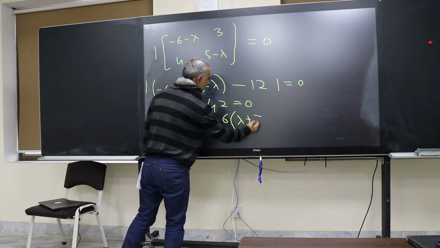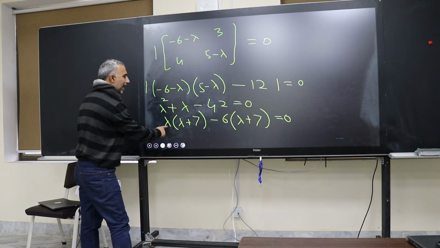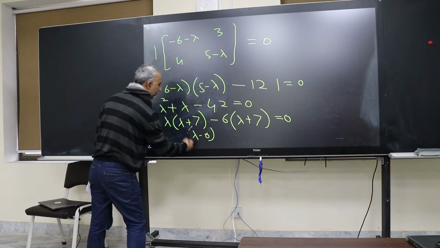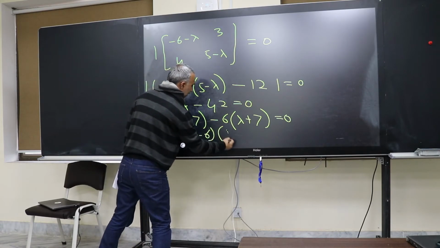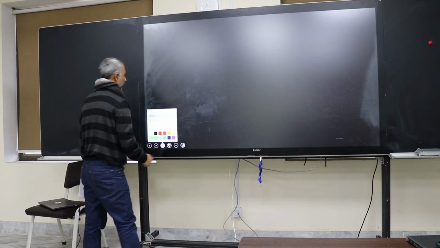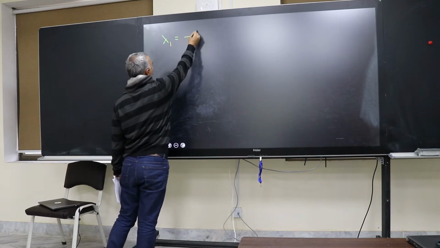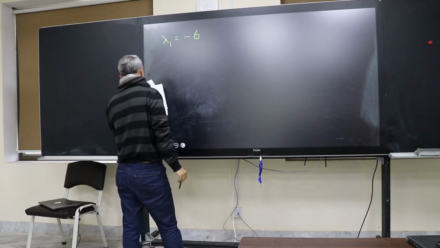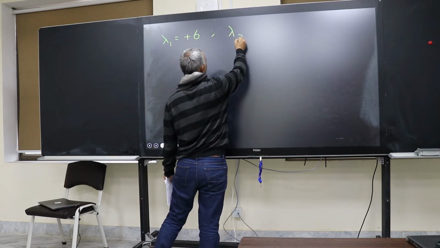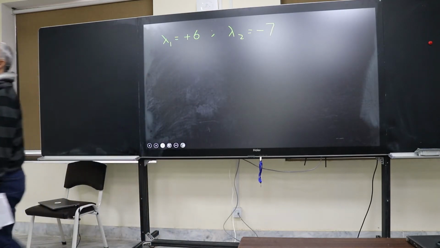You will get two possible eigenvalues: one is lambda minus 6, and the other is lambda plus 7. So these are the two possible eigenvalues.